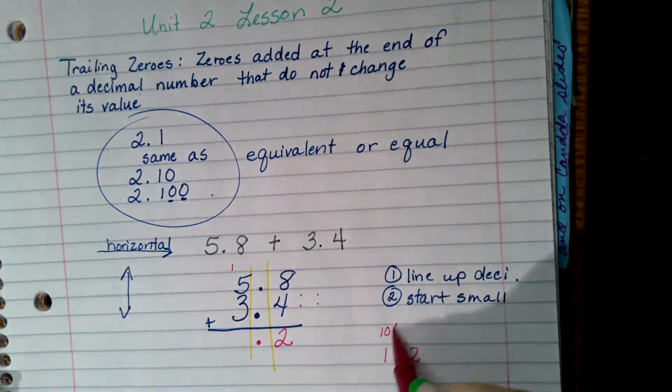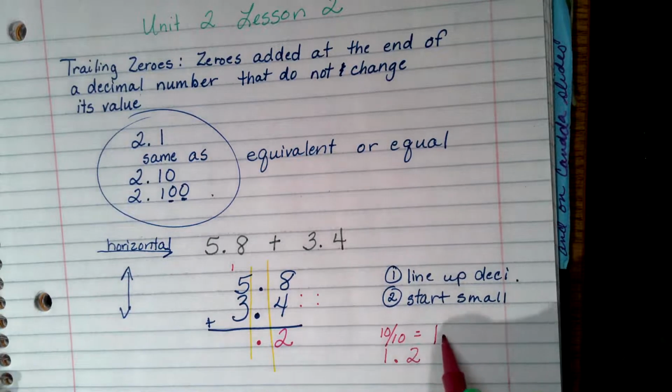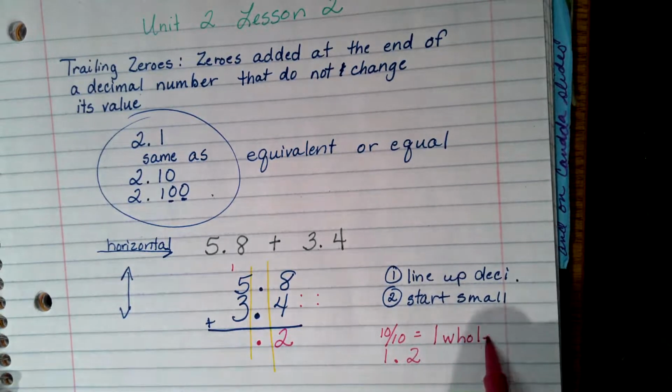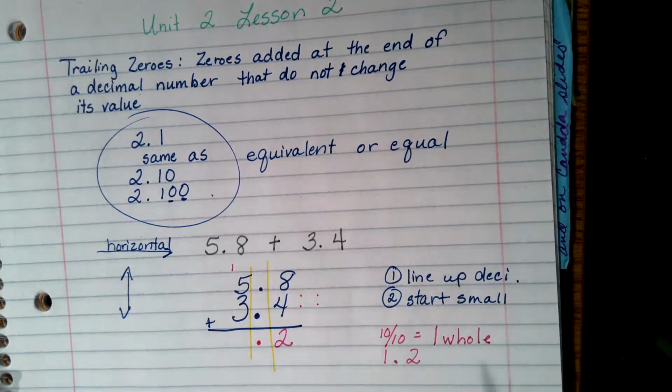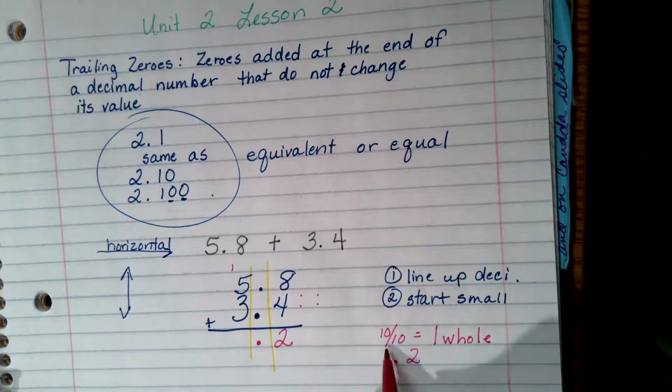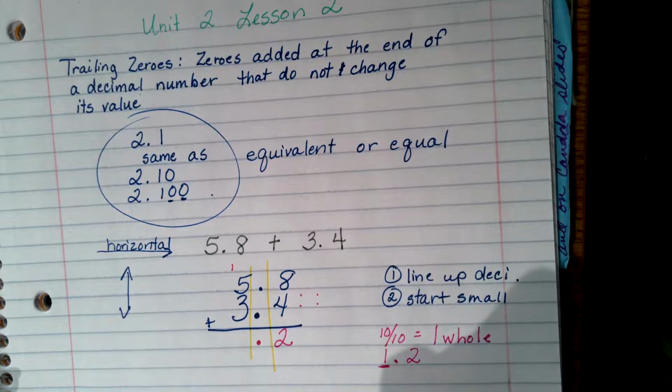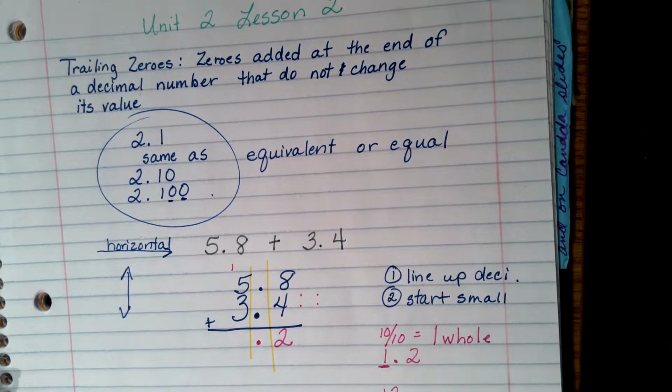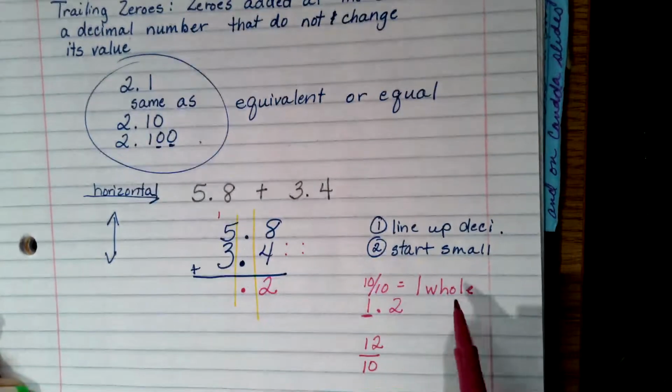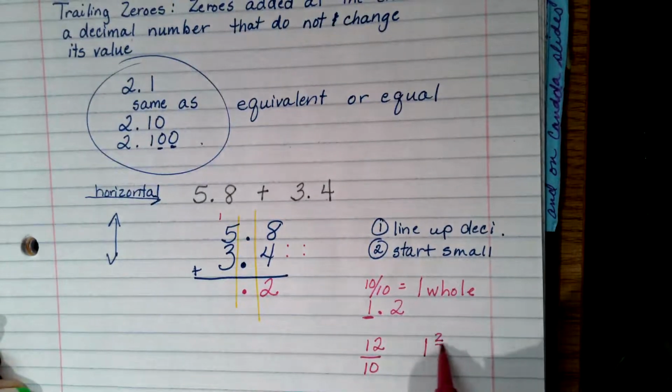10/10 equals 1 whole. So just like in a fraction, 10/10 equals 1 whole. That's what this 1 means. It means the same thing as 10/10. If we have 12/10, it's the same as having 1 2/10.